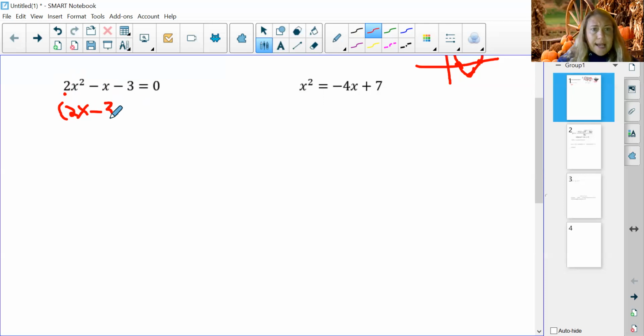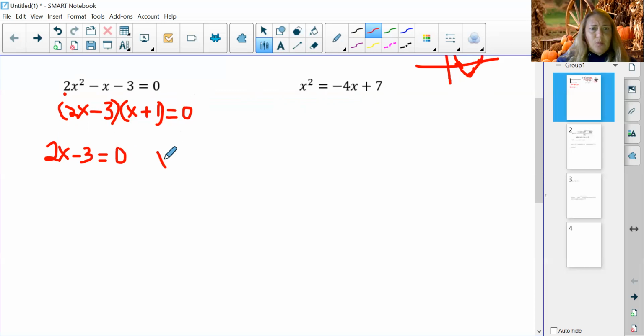Okay, so if you're back, this will factor into this. Okay, so then we set each factor equal to 0. The one on the left you may not be able to do in your head. Some of you can, right? But what is that when I set that equal to 0?